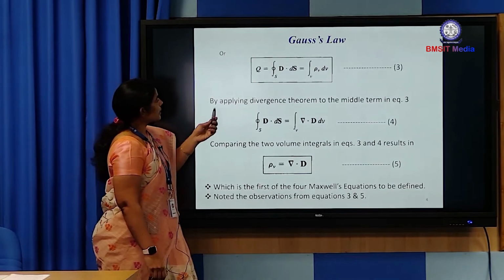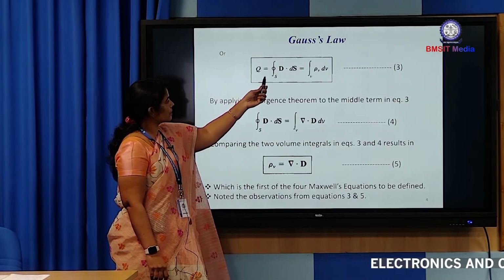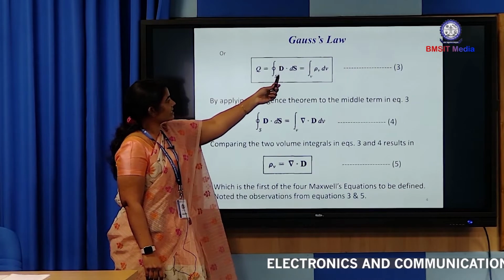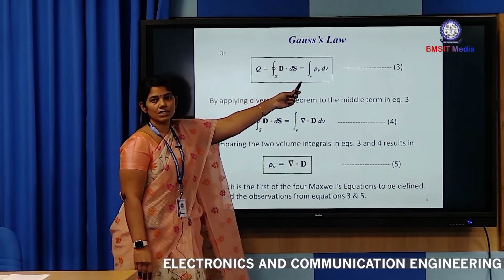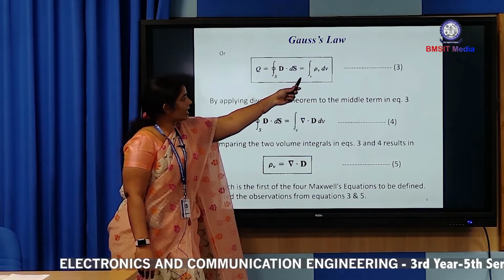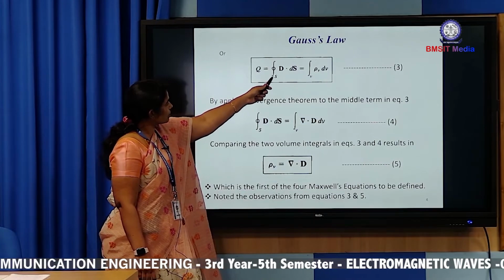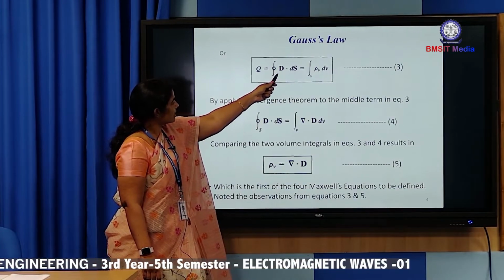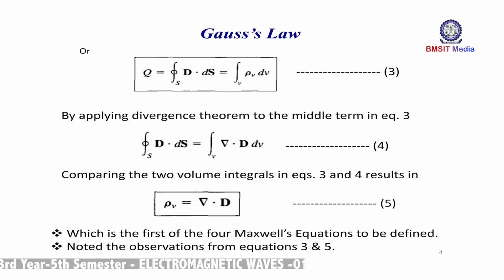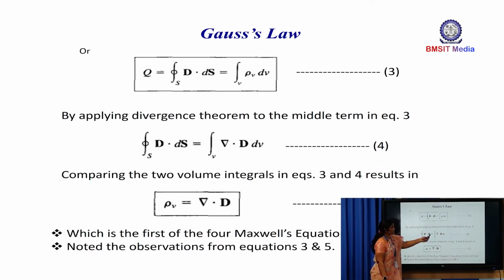So Q equals the closed surface integral of D dot dS, which equals the integral over the volume of rho v dv. For this equation, if we apply the divergence theorem to the middle term, the closed surface integral of D dot dS equals the integral of del dot D dv.